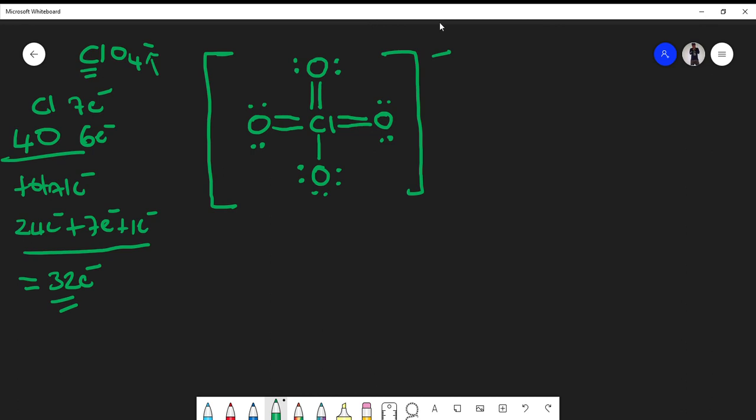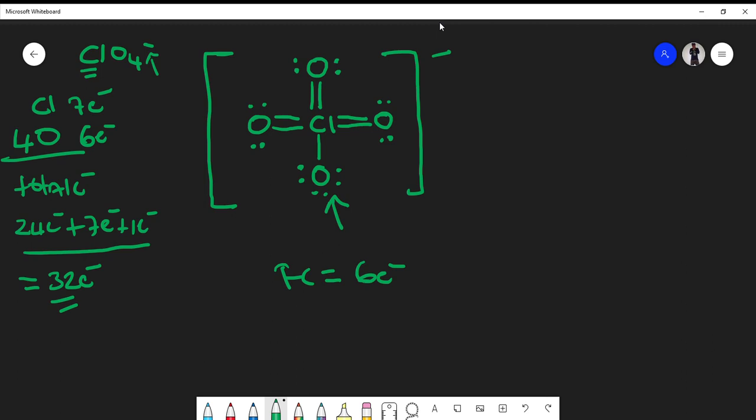If you're wondering what the overall charge of the molecule is, it is still negative, and it's coming from this oxygen. If you want to calculate the formal charge, we simply take the number of valence electrons of the atom of interest, and then take the total number of electrons around the atom of interest.